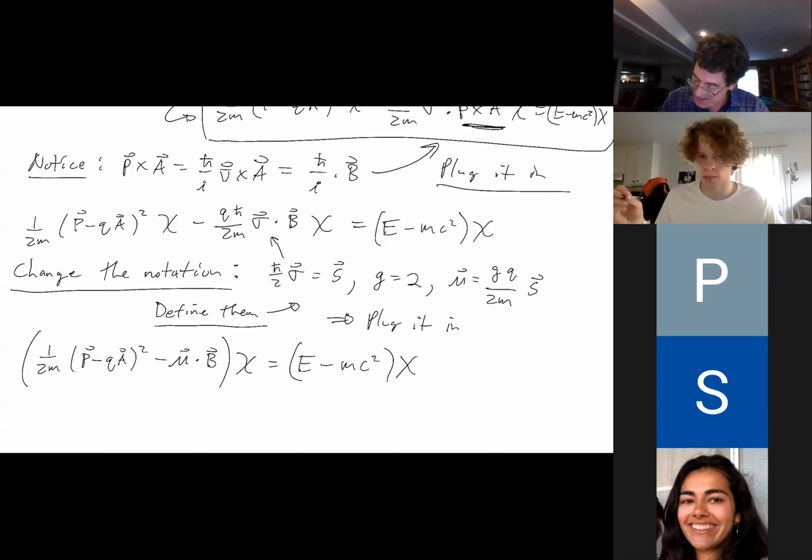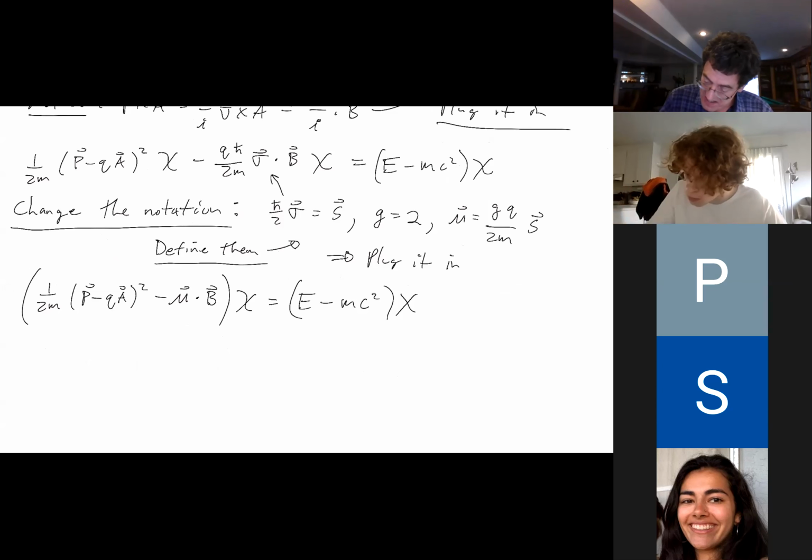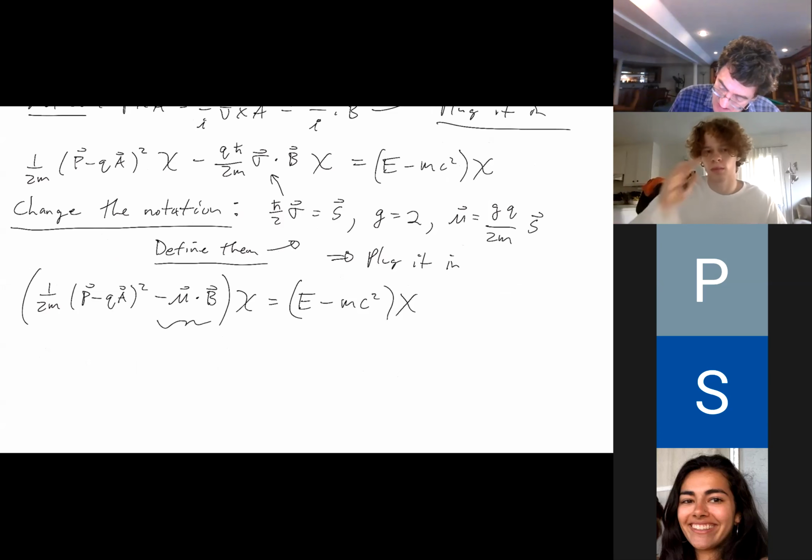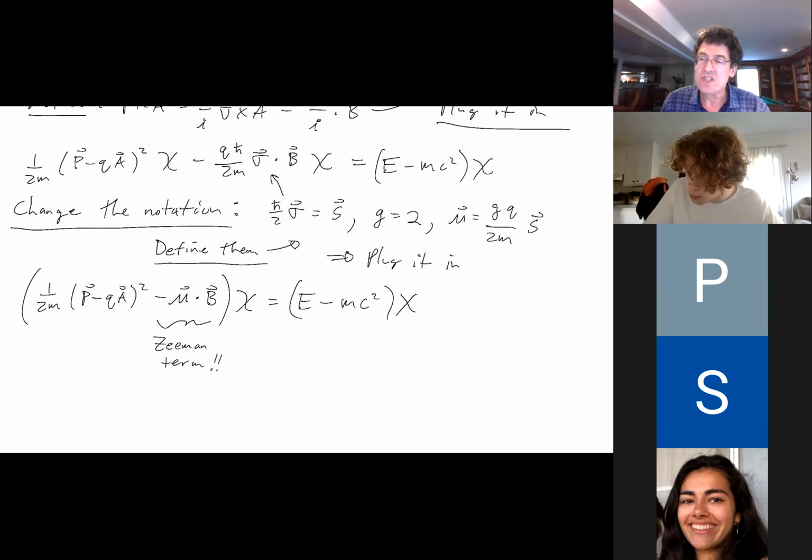It's a sneaky little derivation, but what we've just derived is the Zeeman term.